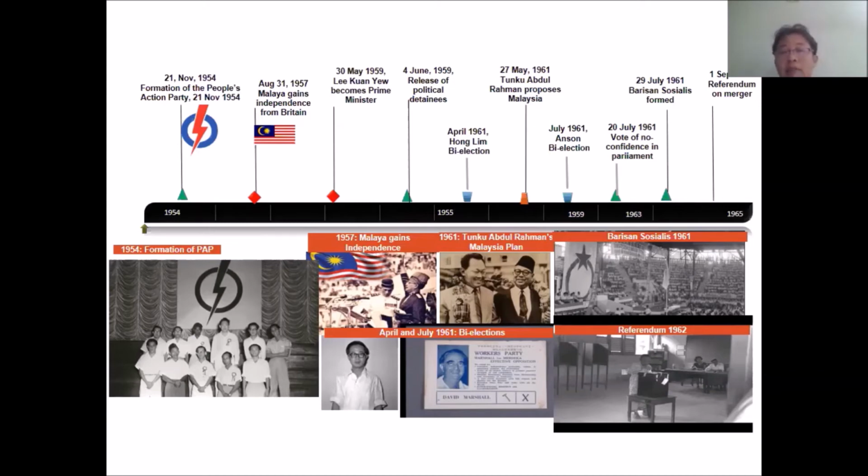One of them was our man in the source, Shu Cho, and he was the chairman of the Barisan Socialists. So when you put 22nd September 1961 the time when the source was written, you can see that this struggle for power, this struggle that you had in the PAP, this vote of no confidence that you have in Parliament, all impacted the way in which that source was written.